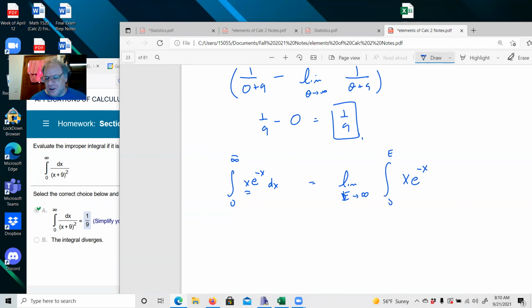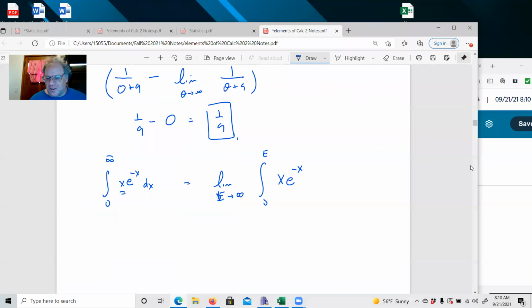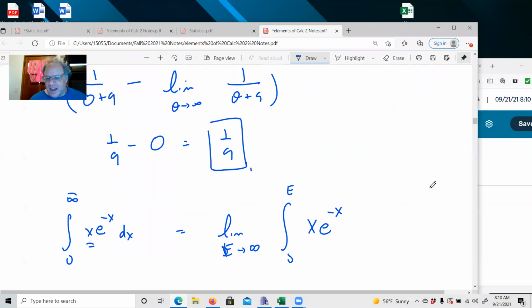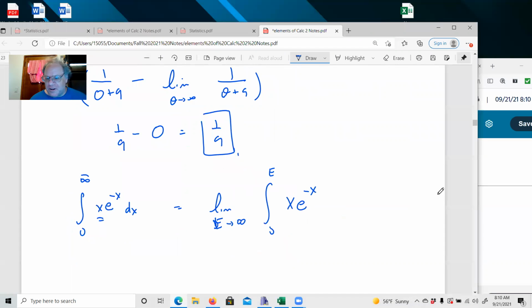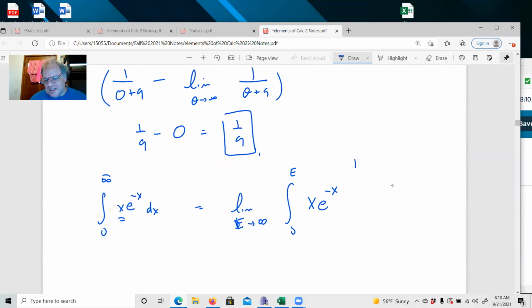You're coming off of this right after you learn integration by parts, and I know you're saying, wow, when do I ever get to use this again? All the time.